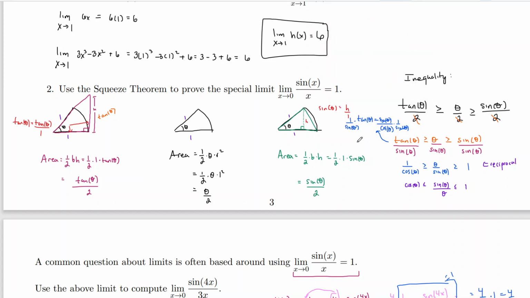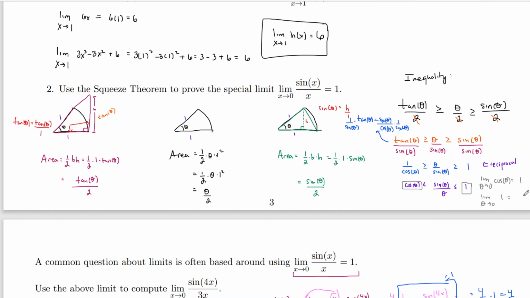Right. And now why are we pretty much done? Well, what's the limit as theta goes to 0 of this? And what's the limit as theta goes to 0 of this? Okay. The limit as theta goes to 0 of cosine of theta. Well, we just plug in theta equals 0. Cosine of 0 is 1. What's the limit as theta goes to 0 of 1?